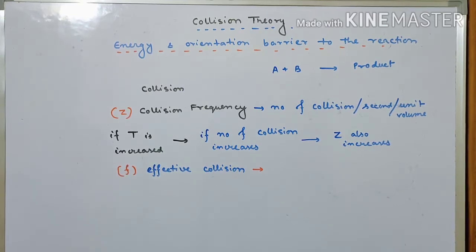It means that all the collisions among the reacting species at a given temperature are not effective in bringing about the chemical reaction. The collisions which actually produce the product are known as effective collisions.